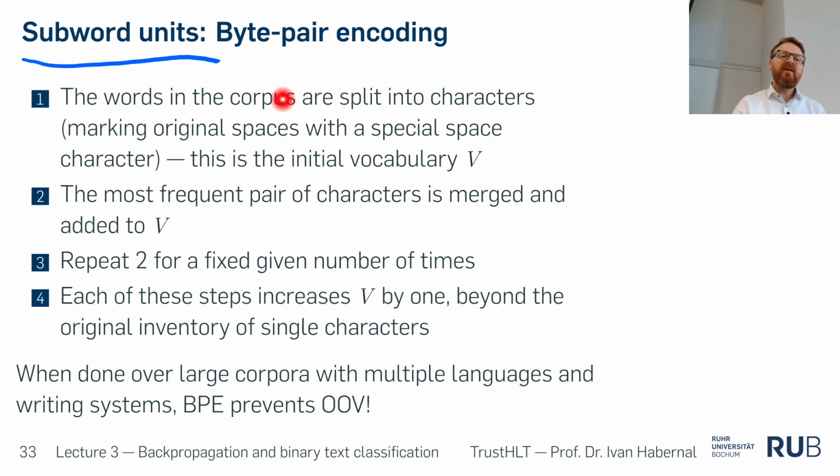We're going to build a vocabulary not by splitting words into tokens, but by starting with single characters. So we split the corpus into characters, and this will be our initial vocabulary V.